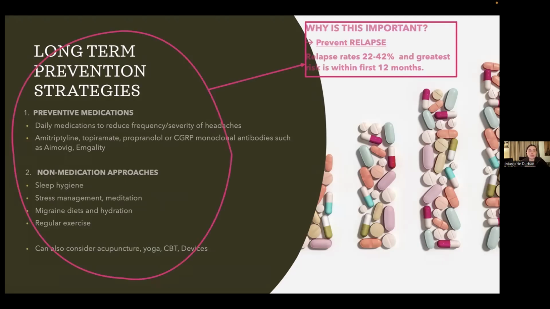So why is this particularly important? It's to prevent relapse back into these medication overuse headaches. The relapse rate is anywhere from 22 to 42%, and it typically happens within a year of initially treating the medication overuse headaches.